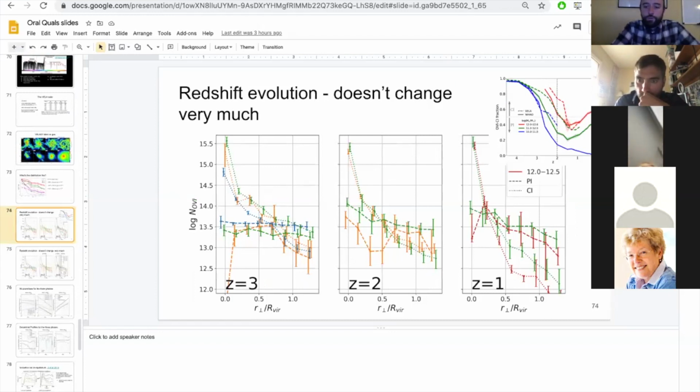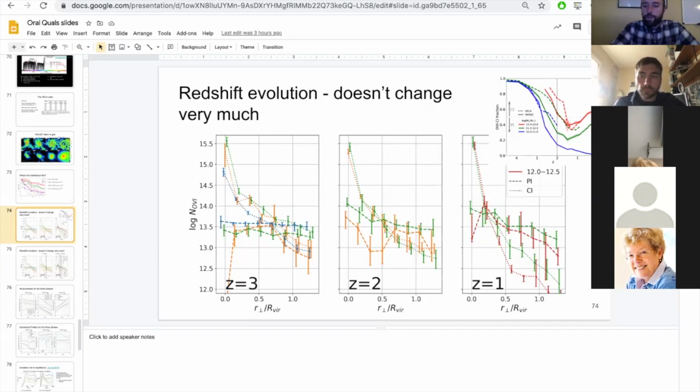The general story is still that collisional ionization is dominant on the inner part of the halo, and photoionization is dominant on the outer part, except the transition seems to be happening further out at redshift 3, and then it moves to about 0.5 Rvir at redshift 2 and about 0.3 Rvir at redshift 1, as you saw. So it seems like we're getting more photoionized, which is exactly what we saw here, right? This is going from mostly collisional to mostly photoionized.